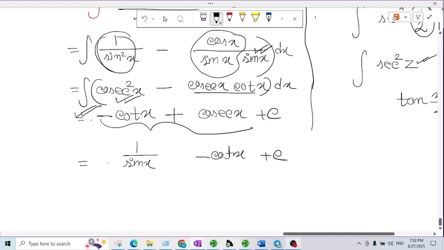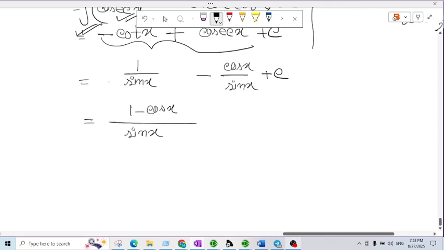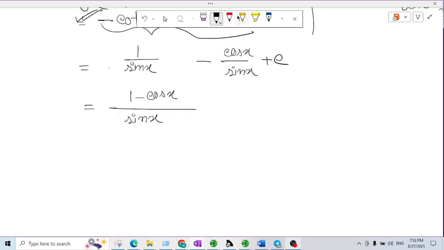and we can write cosec x is equal to 1 by sin x, and this cot x is equal to cos x divided by sin x. Okay, so now we can write 1 minus cos x, and here we can write sin x. Okay, so now we have to apply two formulas here.